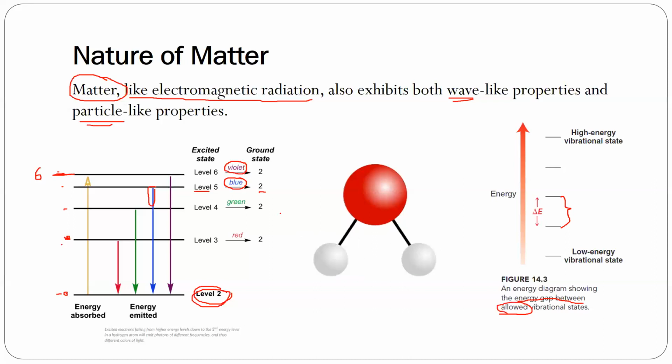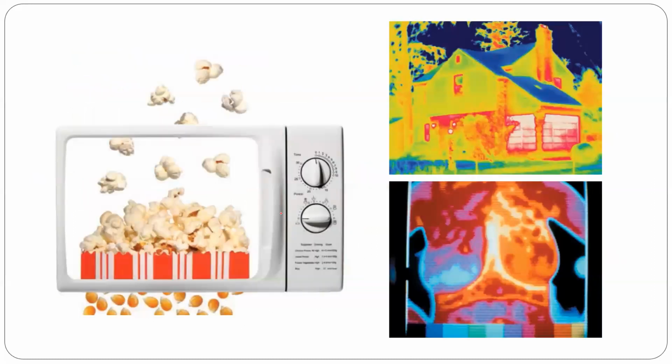Okay? So, application. So, the reason why you're able to use your microwave is that si microwave radiation yung ginagamit dyan. And the reason why it enables heating, it's because yung microwave radiation, it interacts with the moisture or water molecules in your food.